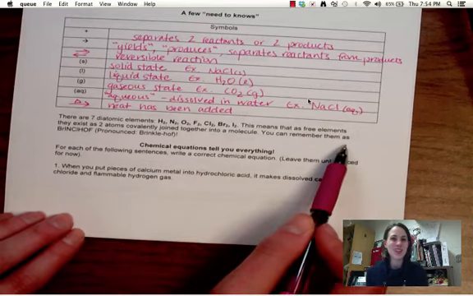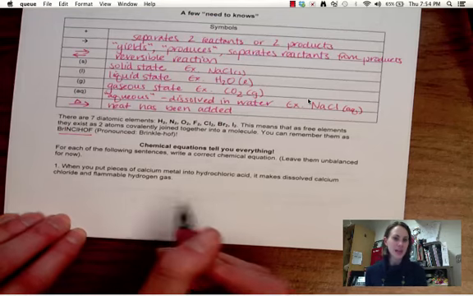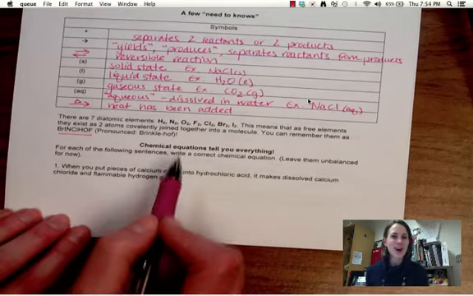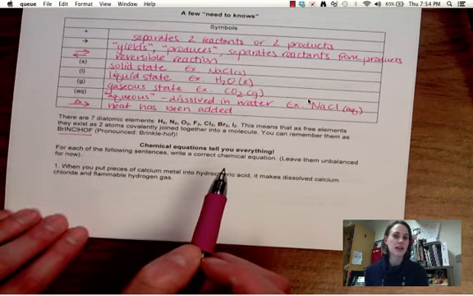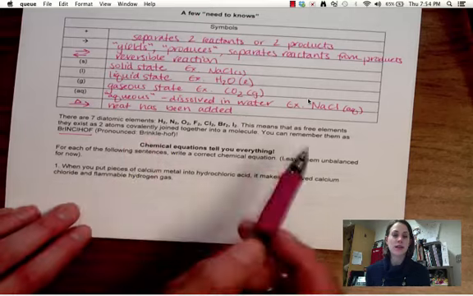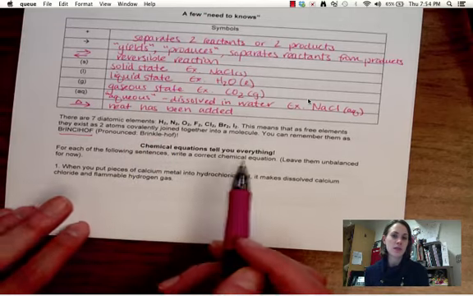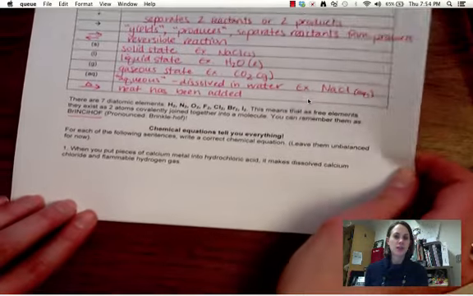An acronym I like to use to remember those 7 is Brinkelhoff. In it, it has all 7 of those diatomic elements. Maybe you want to put a star on those elements on your periodic table to help you remember them also. So let's do some practice writing chemical equations.